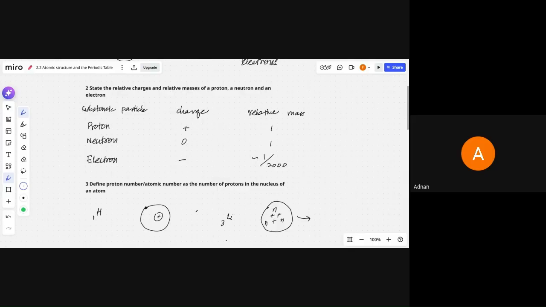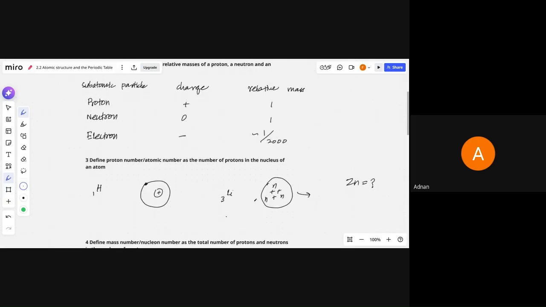So for atomic number, you just have to count the number of protons in an atom. I have a question for you: what will be the atomic number or proton number for the element zinc? You can use a periodic table to figure this out and answer this question in the comments below.